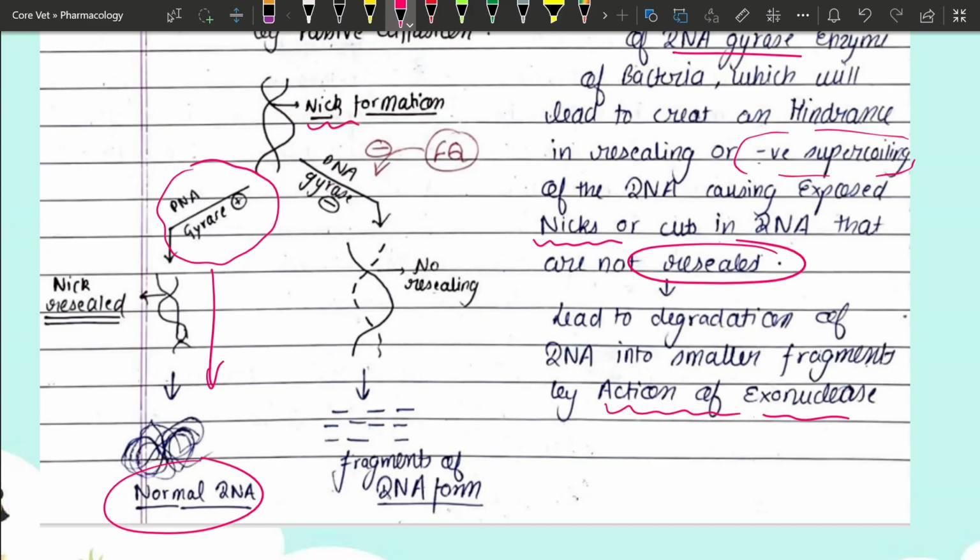But if the DNA gyrase is inhibited, there would be no resealing, and that will lead to the fragmentation of the DNA, because the negative supercoiling is not going to be introduced, right? Resealing would not be there, and there would also be action of exonuclease, right?